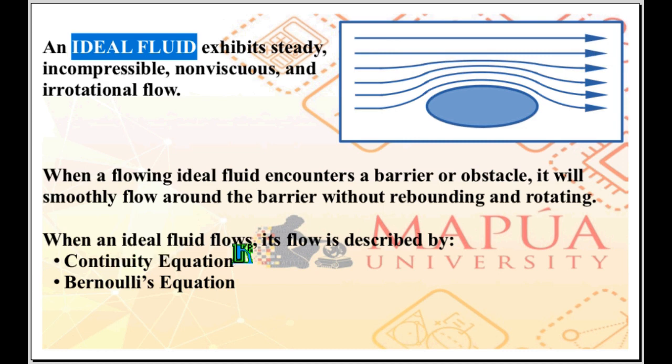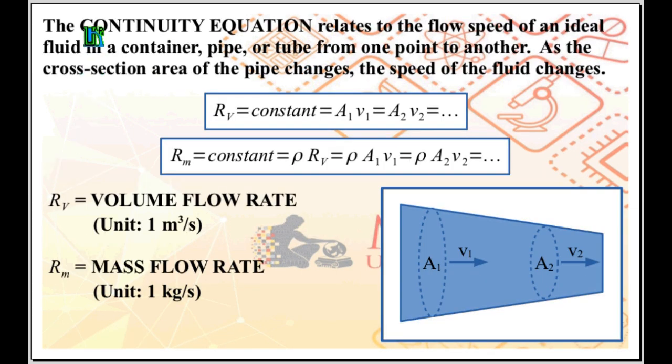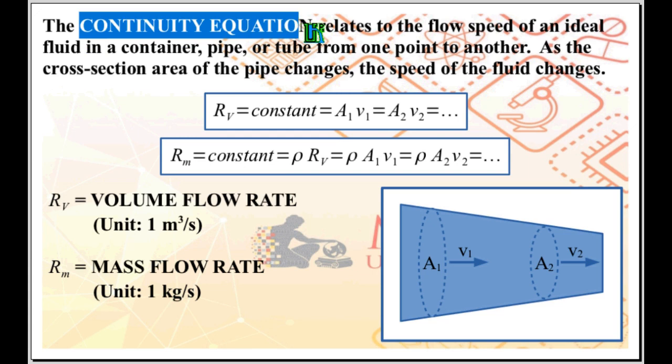Ideal fluid flow is described by two equations. We have the continuity equation and Bernoulli's equation. First, we have the continuity equation. The continuity equation relates to the flow speed of an ideal fluid in a container, pipe, or tube from one point to another.